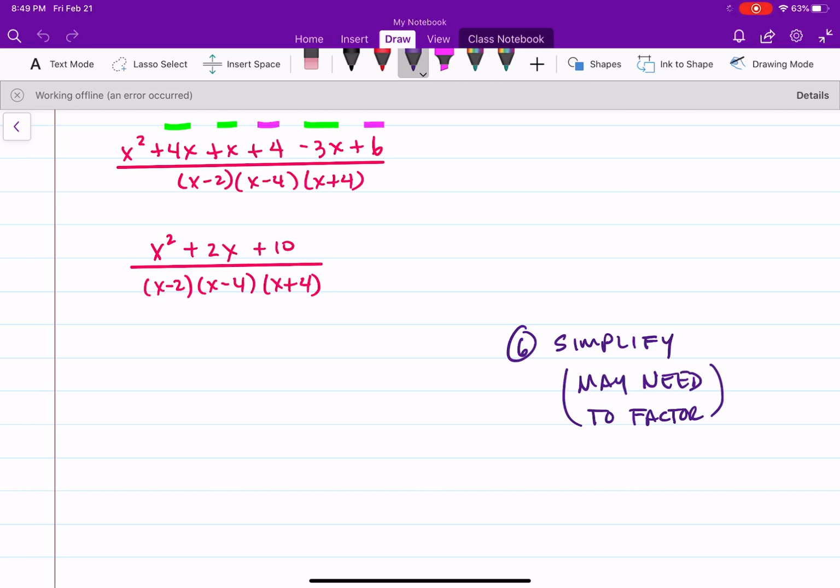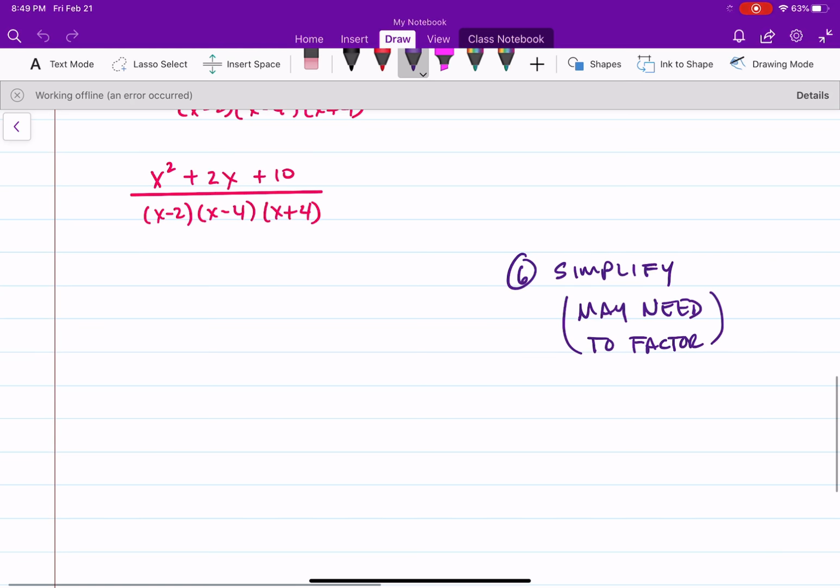So if I did the AC method on the top, A times C is equal to 10, B is equal to 2. So do I have 2 numbers multiplied together to give you positive 10, and the same 2 numbers added together to give you positive 2? And the answer is no, you can't.